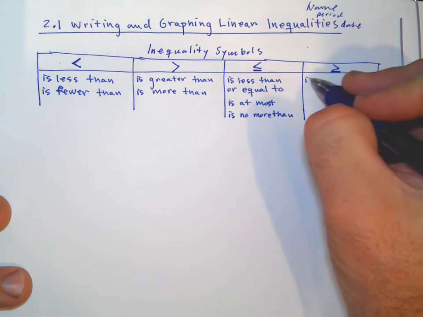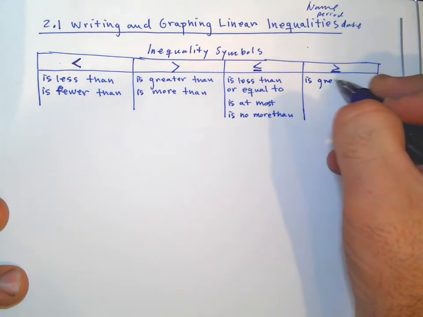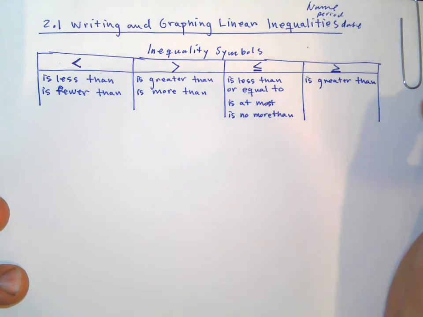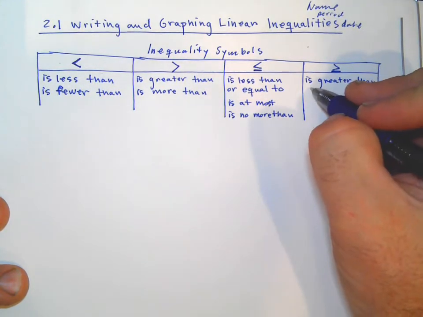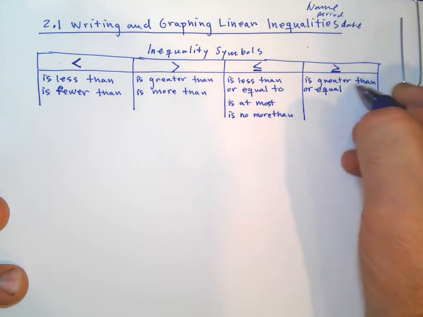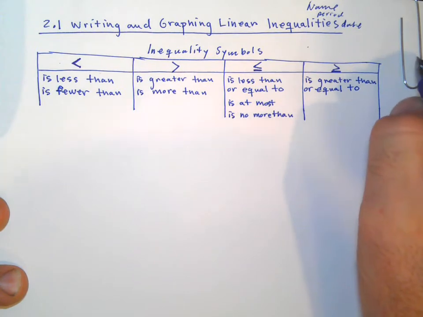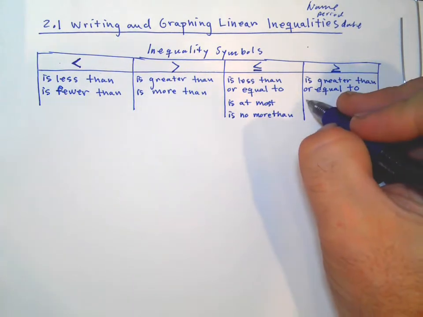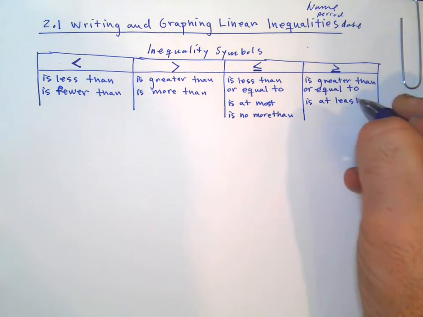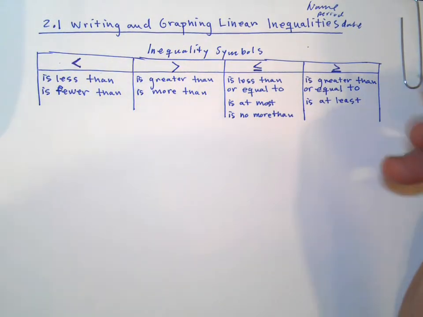Okay, is greater than is one way of saying that. Or equal to, which means the value can be used. Or you could say is at least. I'm 20 years old.